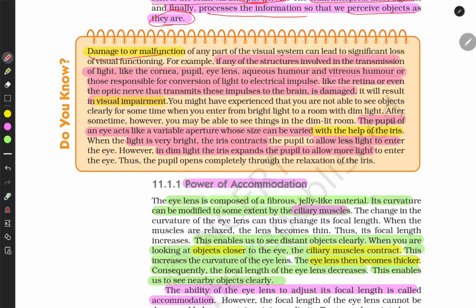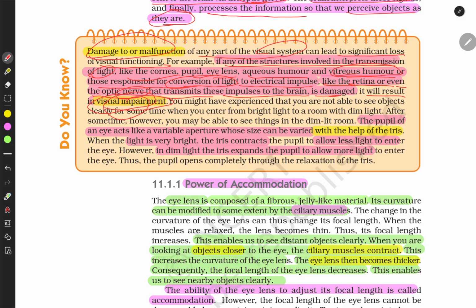Damage or malfunction: if any part of the visual system is damaged, there is a significant loss of visual functioning. If any of the structures involved in the transmission of light, like the cornea, pupil, eye lens, aqueous humor, and the vitreous humor, or those responsible for the conversion of light to electrical impulses, like the retina, or even the optic nerve, which transmits the electrical impulses to the brain, is damaged, this results in visual impairment.